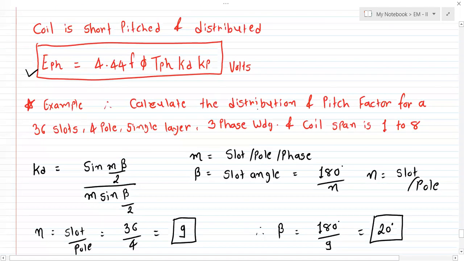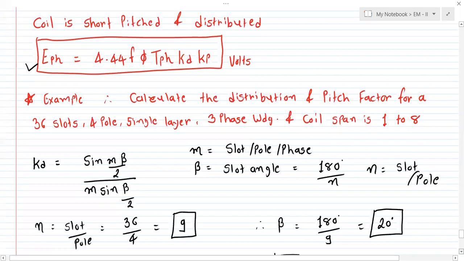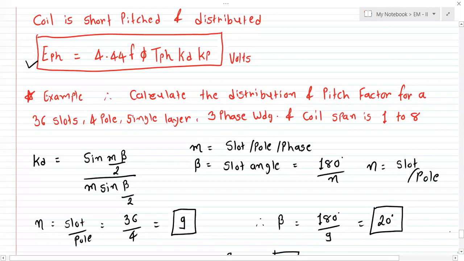Suppose I have to calculate the distribution factor and pitch factor, so I have to find the values of Kd and Kp. It is given that we have 36 slots, a 4-pole single layer 3-phase winding, with coil span from 1 to 8. The equation of Kd is sine of m beta by 2 divided by m sine beta by 2.